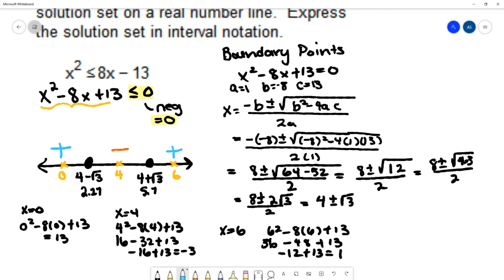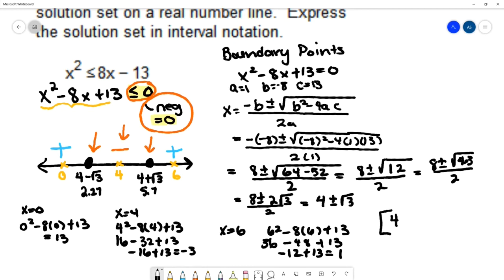And now that we've filled out our intervals, we can answer which intervals of numbers are going to satisfy the inequality. So you remember earlier we said because this inequality is less than or equal to 0, we want the negative and equal to 0. So we've got negative in the middle, and the boundary points are going to equal 0. So only that interval will provide solutions.